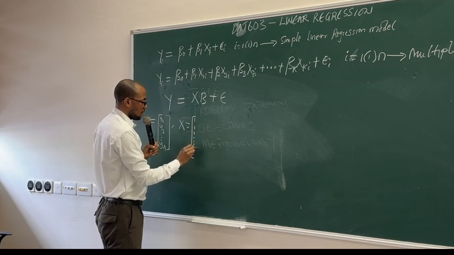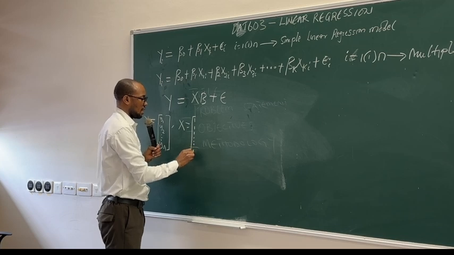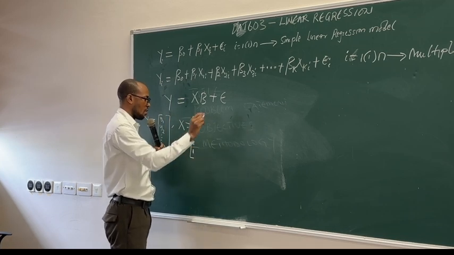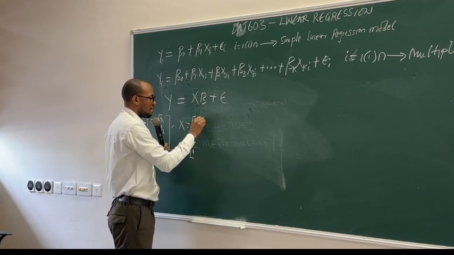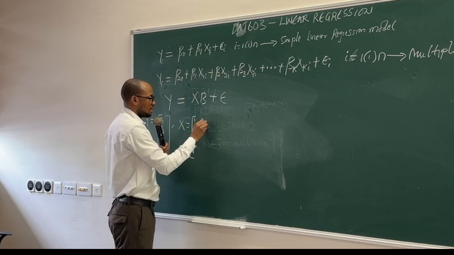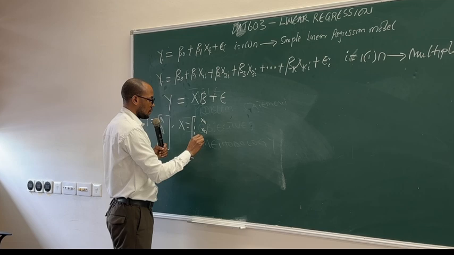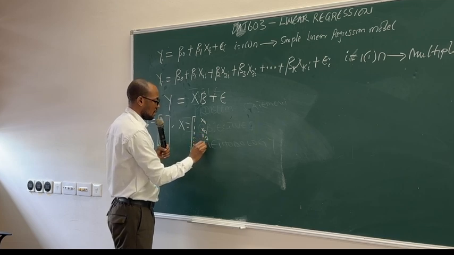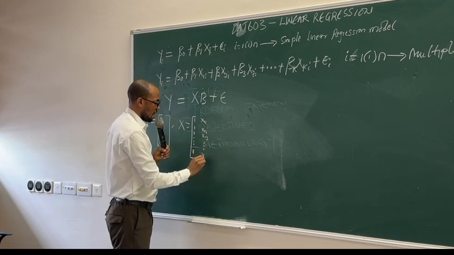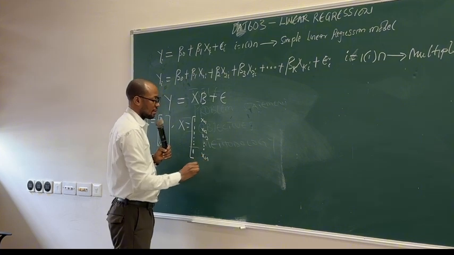The first column of this matrix is all ones, and I'll tell you why it has ones. Then we have x11, x12, x13, down to x1n.